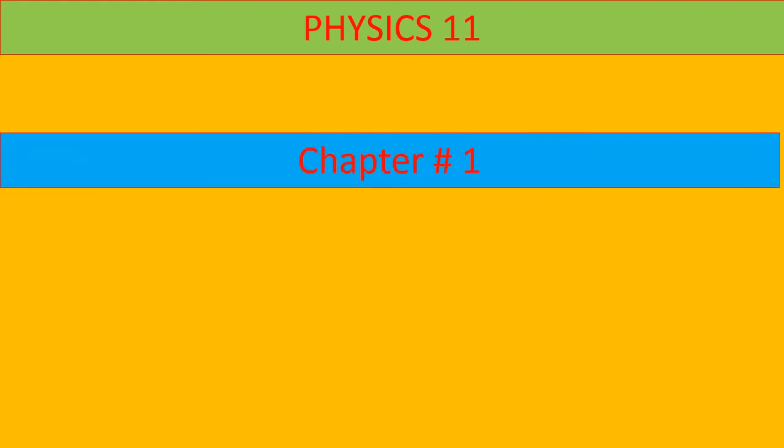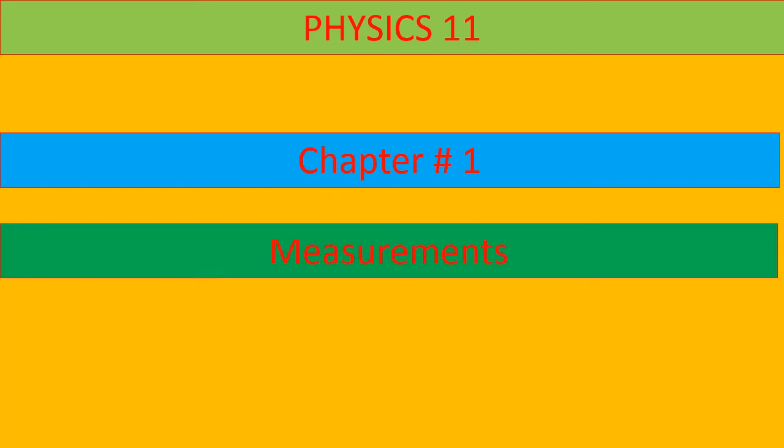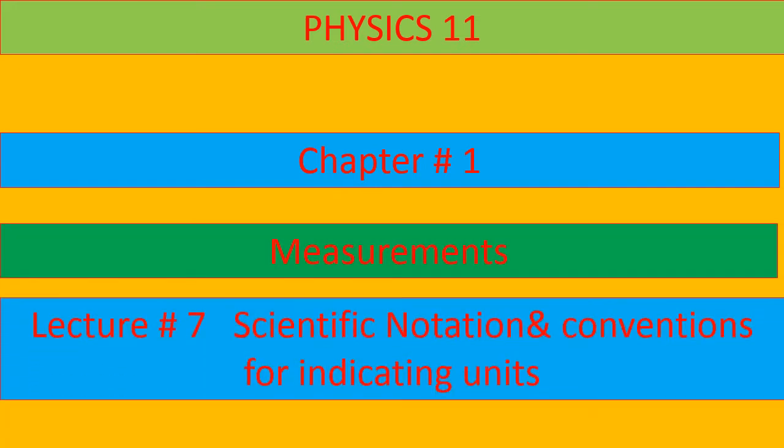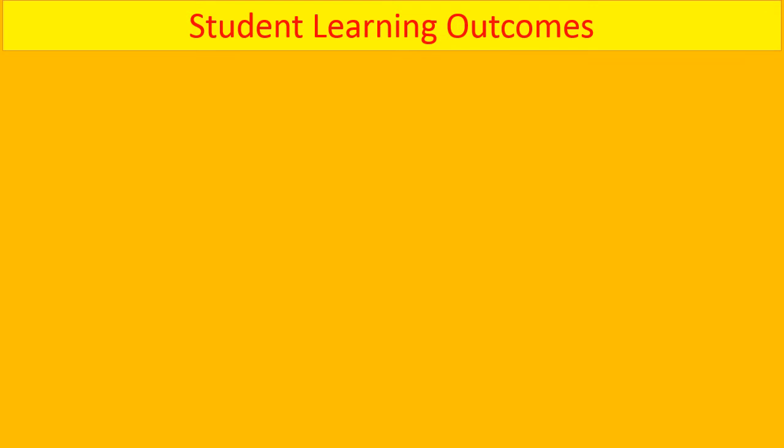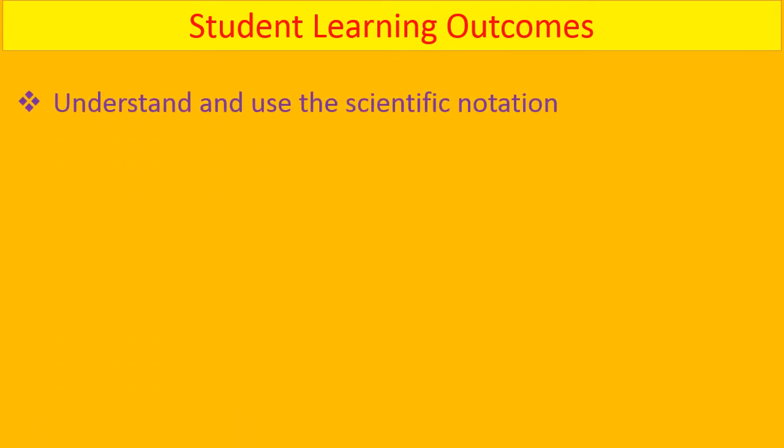Dear students, today my lecture is about Physics 11, chapter number 1, that is about measurements, and the topic is scientific notation and conventions for indicating units. Dear students, today you will learn about scientific notation.